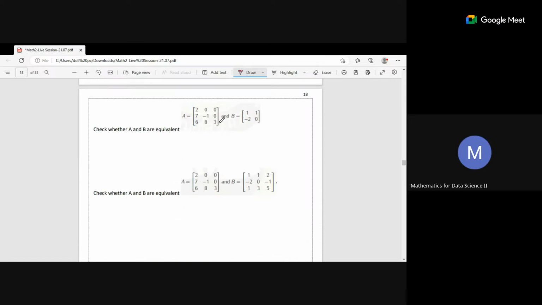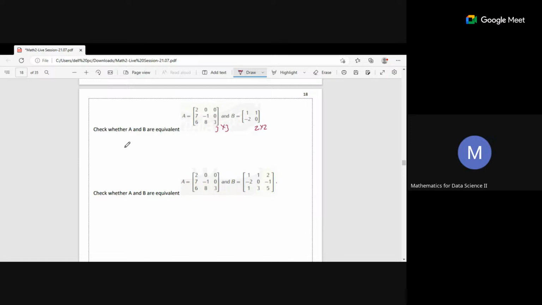For this one, do we have to check anything? When we talk about equivalent matrices, in the beginning, what was the very first condition I told you? Same order. Yes, they should be of the same order. Here it is 3 by 3 and here it is 2 by 2. So they are not of the same order itself.